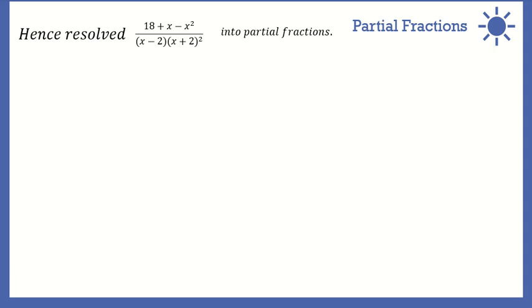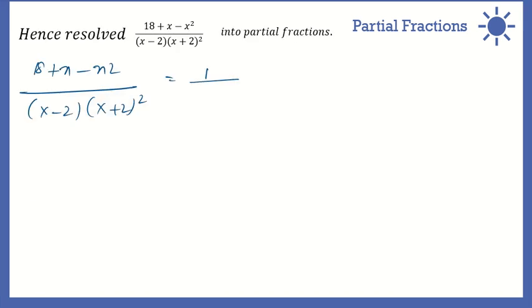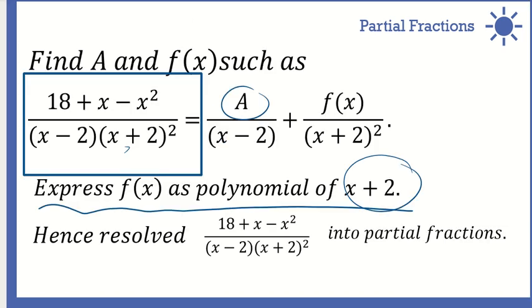So we can write 18 plus x minus x squared over x minus 2 times x plus 2 squared as A over x minus 2, so 1 over x minus 2, plus f(x) over x plus 2 squared.